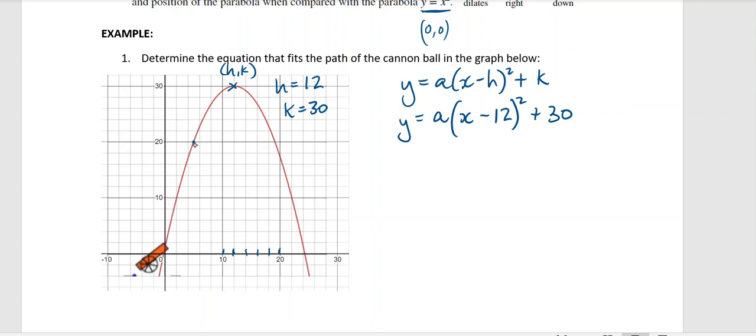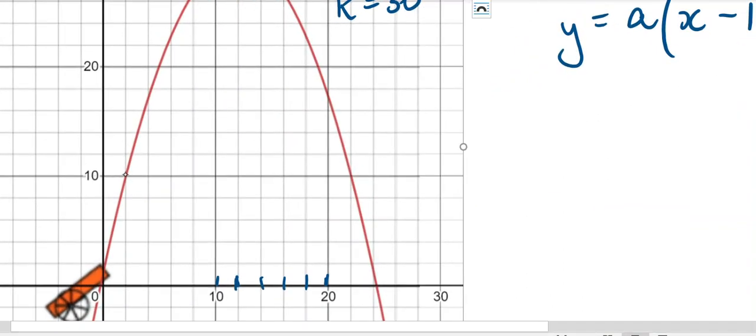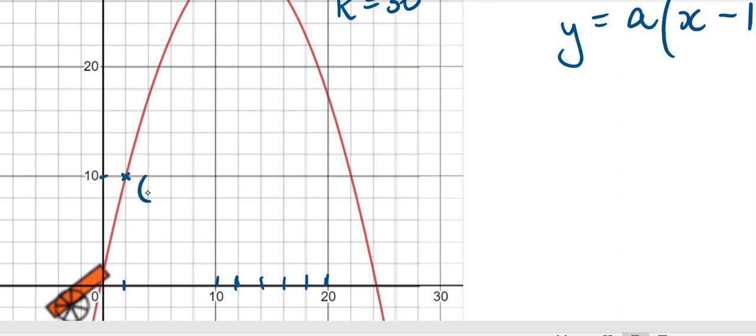That might be 520, I don't know that for sure. I'm half thinking about 0, 0, but I don't know that that neatly crosses. I think the part that crosses really nicely is this coordinate here, so that's what I'm going to use. Zoomed in here, it's across by 2 and up by 10. So that's the coordinate 2, 10.